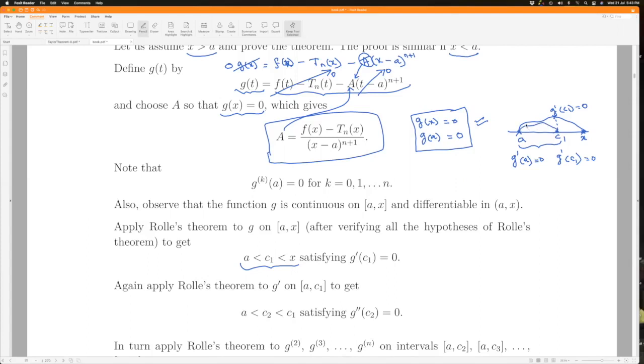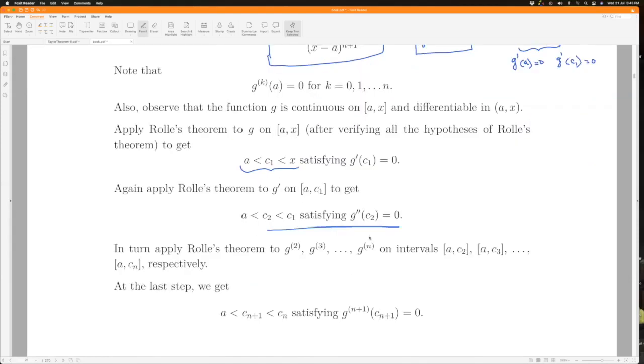Again, you can see that by Rolle's theorem, you get a C2 at which g double dash of C2 is 0. So that's what we are saying here. Continuing this way, you can see that there exists a Cn plus 1 such that g^(n+1) of Cn plus 1 is 0, right?